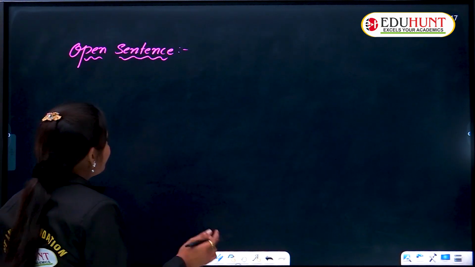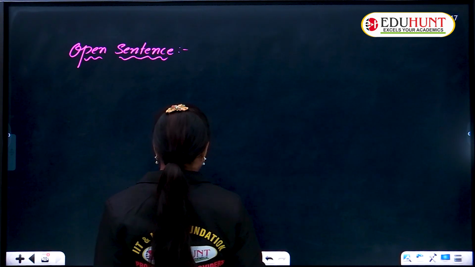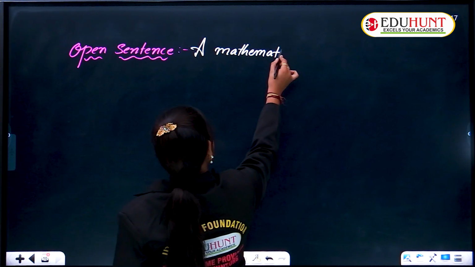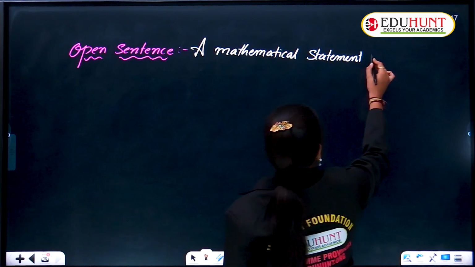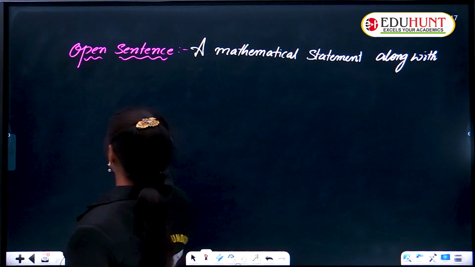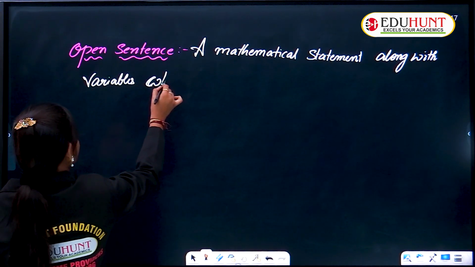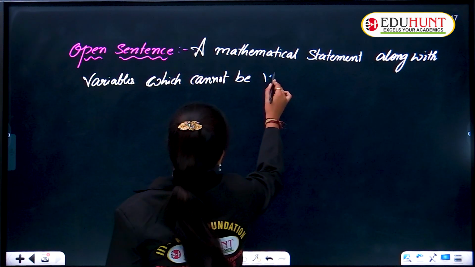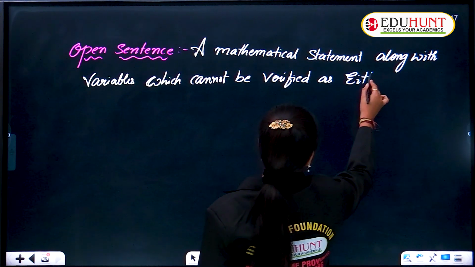Now here, an open sentence is a mathematical statement along with variables which cannot be verified as either true or false.